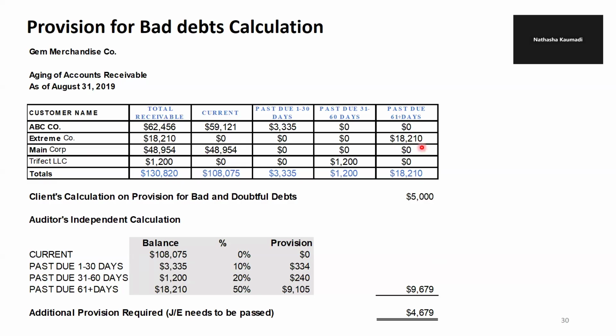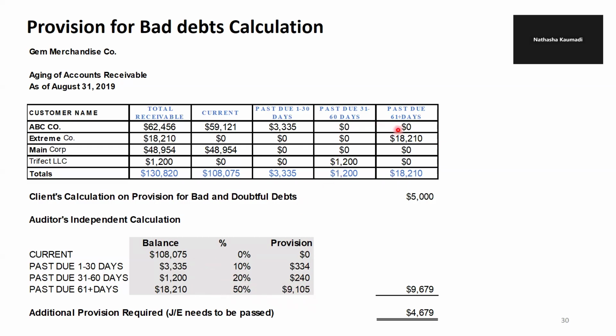So when you provide for doubtful debts, when you provide for bad debt, not actually bad debt, provision for bad debt means allowance for doubtful debts. The actual name we are now using is impairment of trade receivables. Now, look at the percentage. On 18,210 you are applying 50%. There's a 50% chance that we are not going to receive this balance, so you are providing for 9,000.